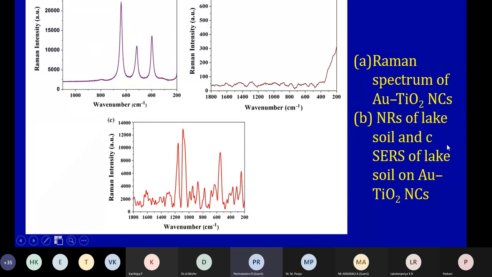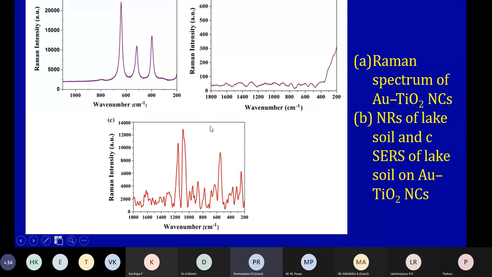Here we take our lake soil, that is the Kodaikanal lake soil. We are finding whether there is any pollutant in our soil or not. This is the normal Raman spectra of our soil. It doesn't show any peak, so we are very happy there is no pollutant.